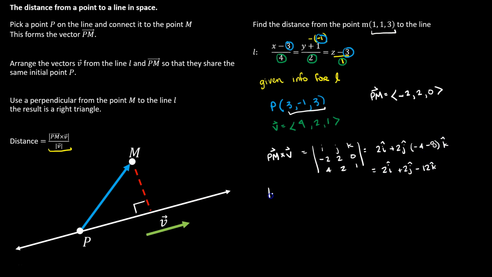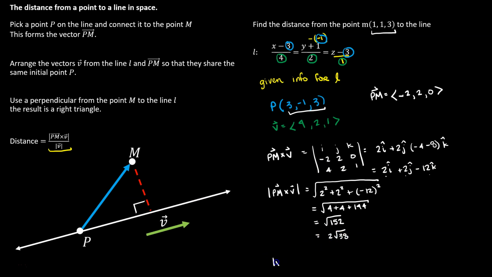Next, we'll find the magnitude of that vector, taking each of the components, squaring them, then add them up, and simplifying if possible. All right, next we need to find the magnitude of v. Remember that our vector v has components 4, 2, and positive 1. Square the components, add them up, square root them.